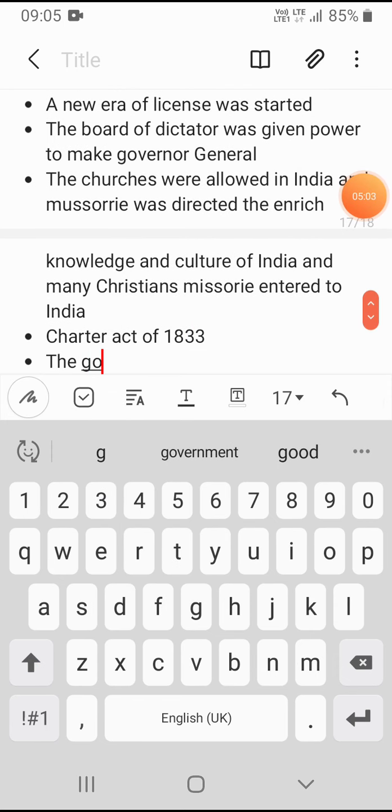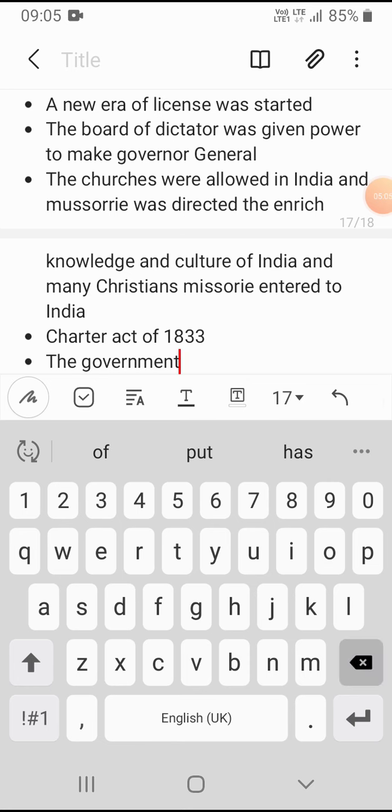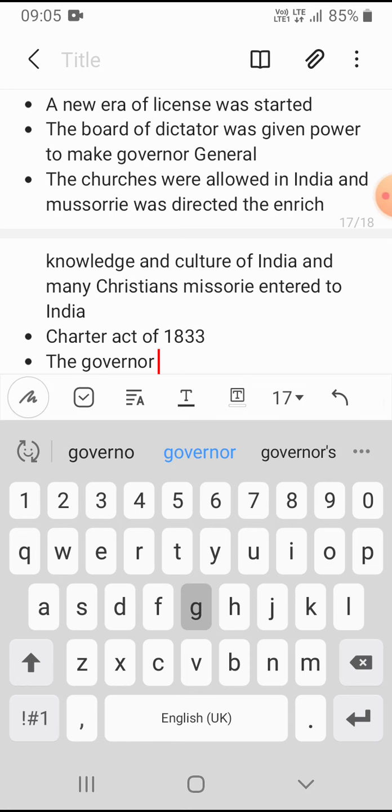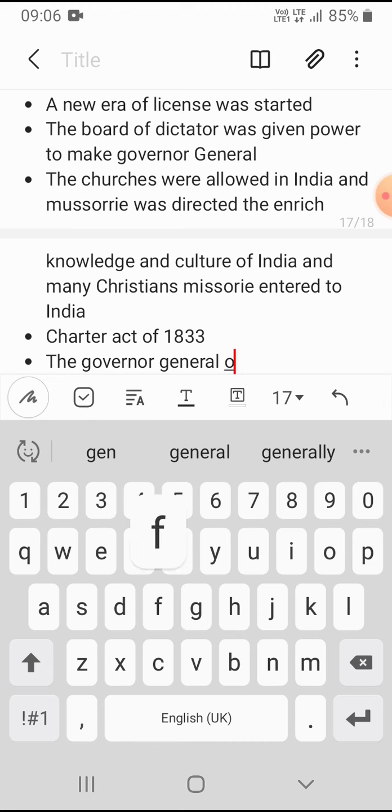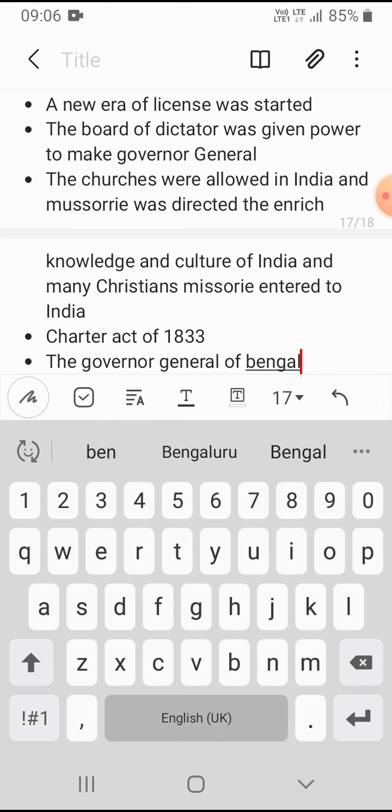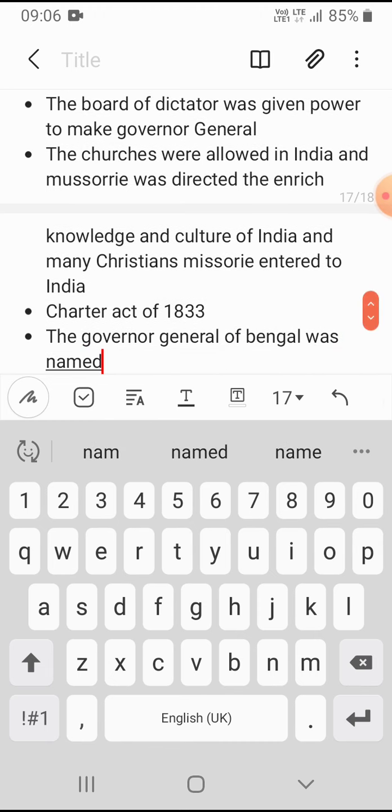The Governor General of Bengal was named Governor General of India.